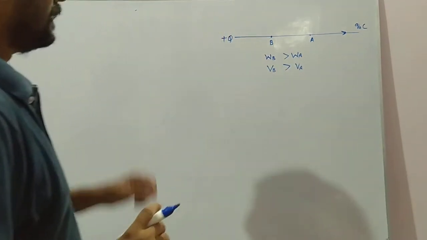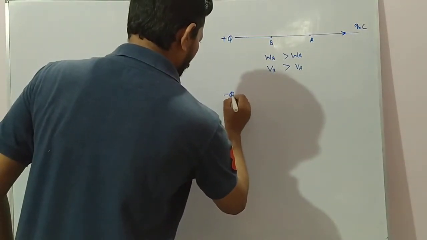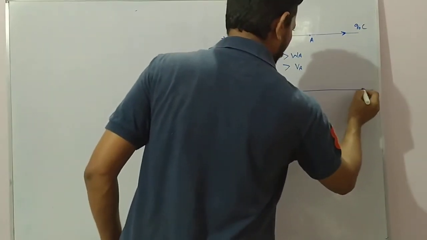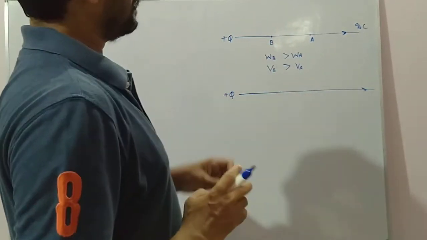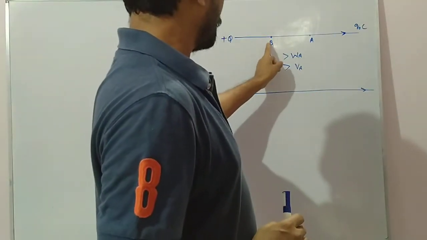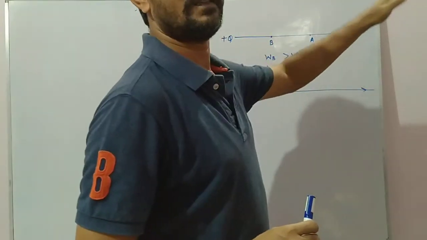Now see here, second case. So from here we see that in the direction of electric field, potential at B is greater than potential at A. Means in the direction of electric field, electric potential decreases.